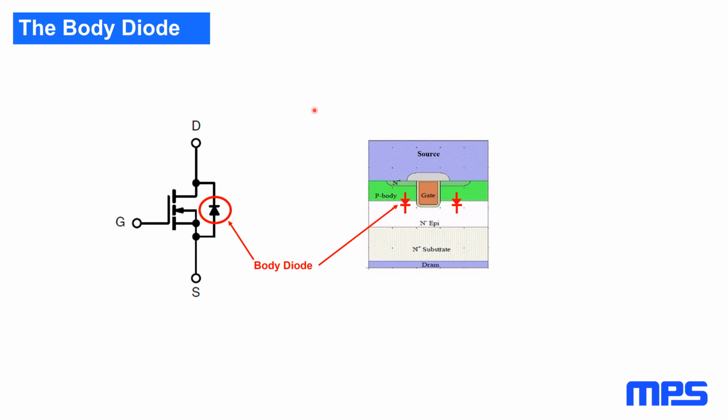You can use the body diode, for example, to recirculate current. In an H-bridge, let's say you have one side set to drive to the supply, and the other one you're just pulse width modulating the low side on and off.